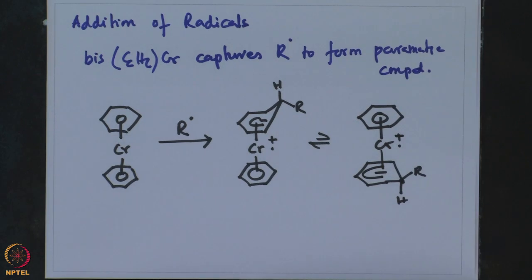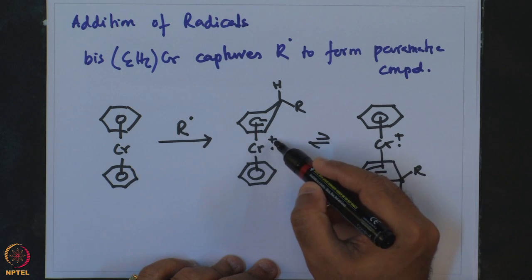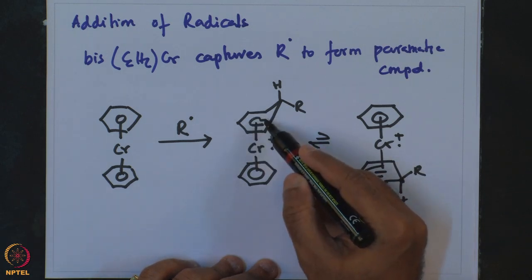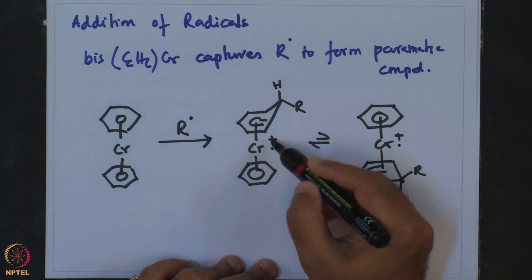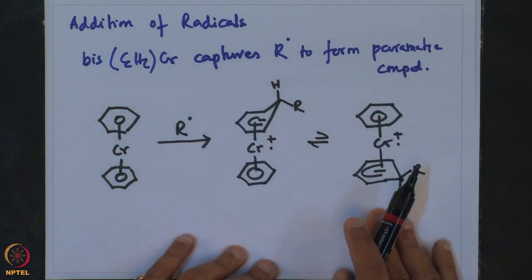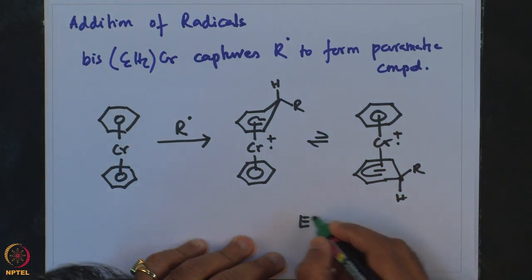So, overall this is a radical species because the chromium has an overall charge of +1 and the anionic ring has a -1. So, they cancel out, as a result of which the species so formed is radical in nature, and being radical in nature, this compound is EPR active.